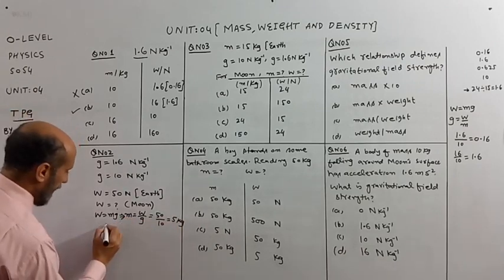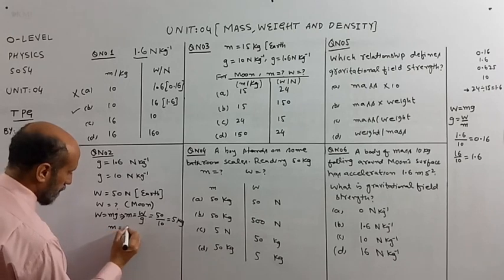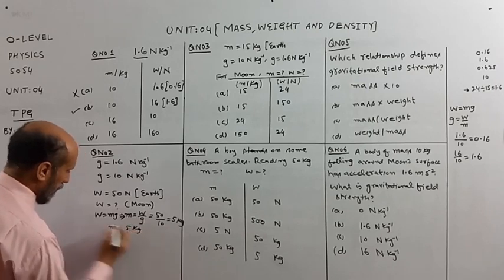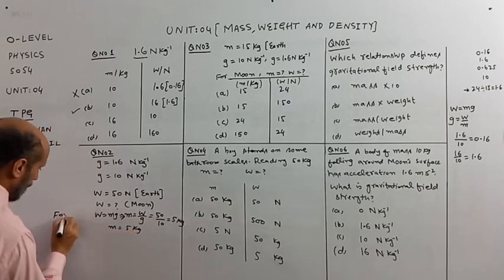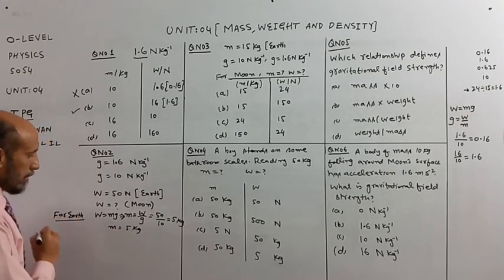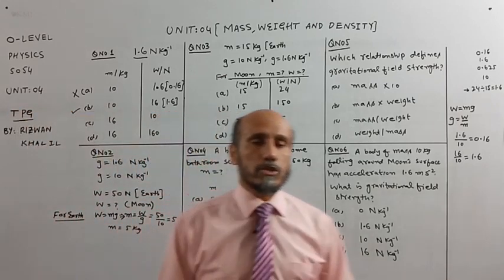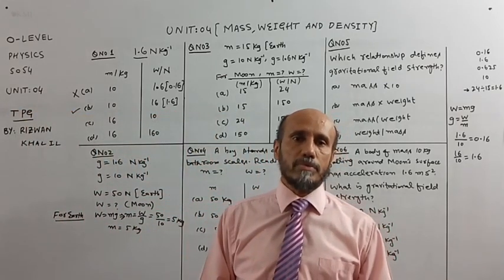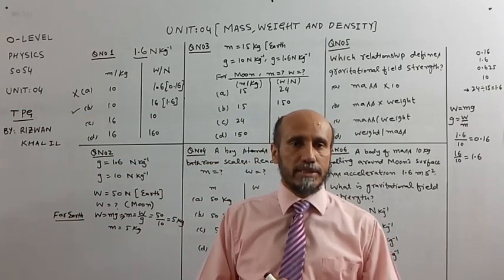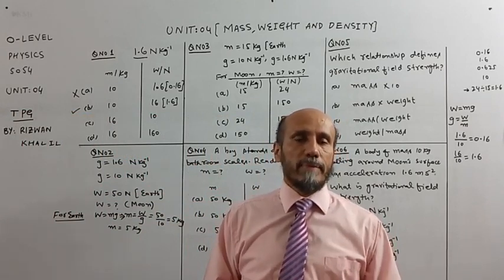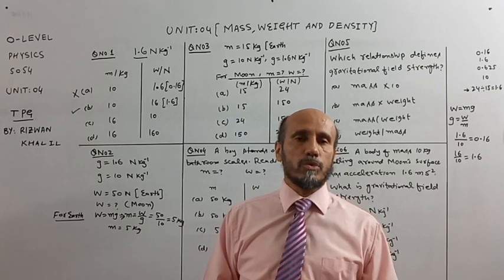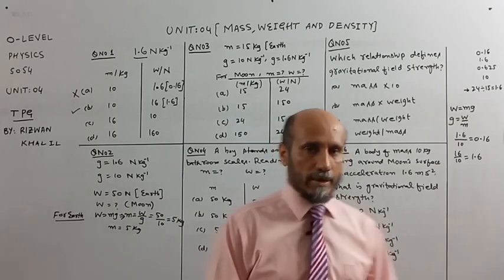It is 5 kg for Earth. We already know that mass remains the same. So if the mass of the body on the surface of Earth is 5 kg, the value of mass will remain the same on the surface of Moon, that is 5 kg as well.